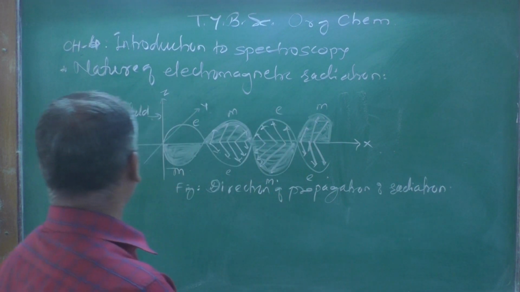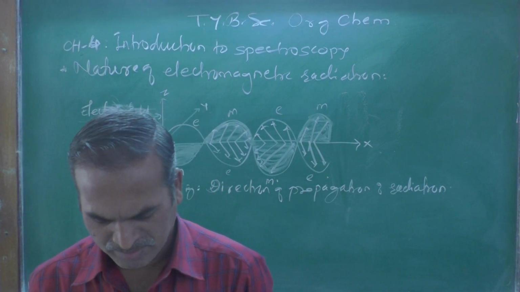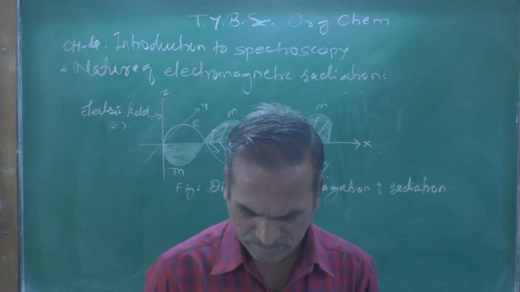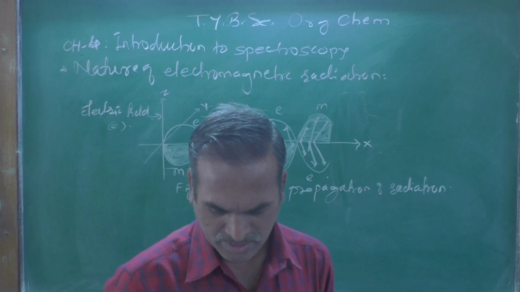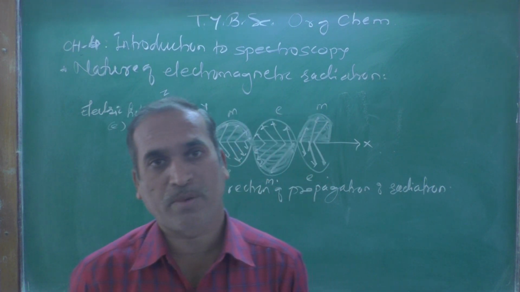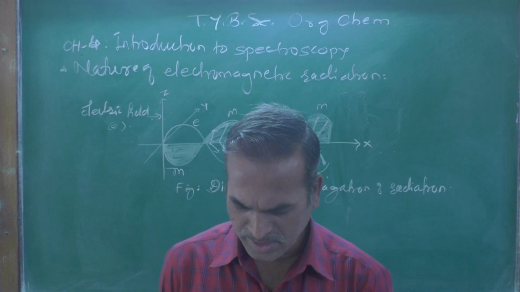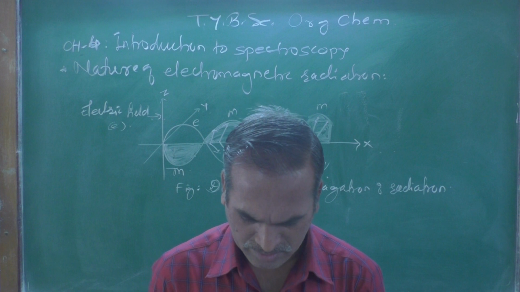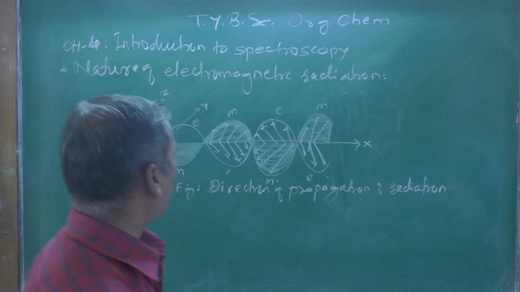Remember here, this is an electric field represented by the symbol E. If x axis represents the direction of propagation of radiation, Z and Y axis represent the direction of electric field and magnetic field respectively.